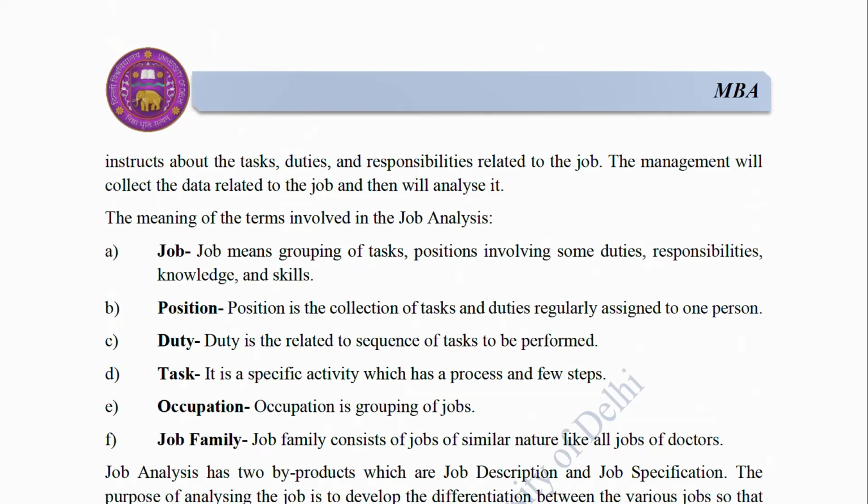Duty is related to a sequence of tasks to be performed. Number 4, task. It is a specific activity which has a process and few steps. Number 5, occupation. Occupation is grouping of jobs. Number 6, job family. Job family consists of jobs of similar nature, like all jobs of doctors.